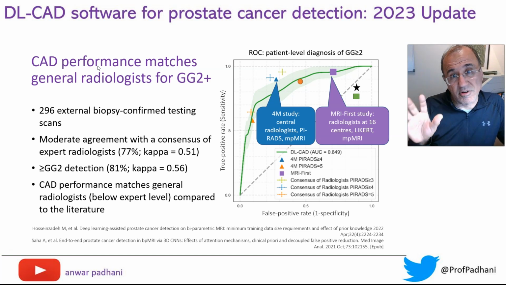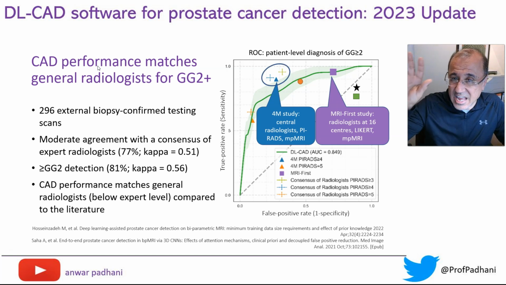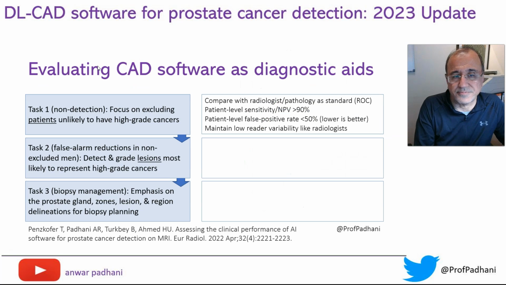Now, of course, the MRI first study was conducted in France in 16 centers, and you can see that the AI is performing equivalently to a general radiologist working in France, but you'll see that the AI is not functioning at an expert level. This AI is not functioning at an expert level at this time.